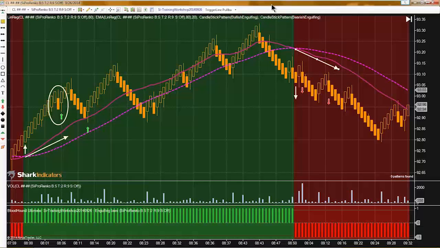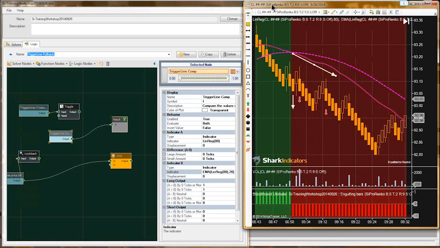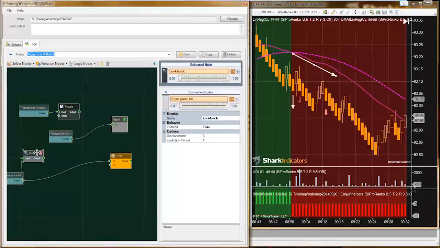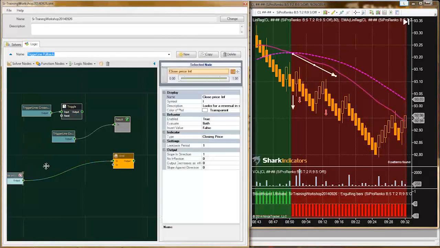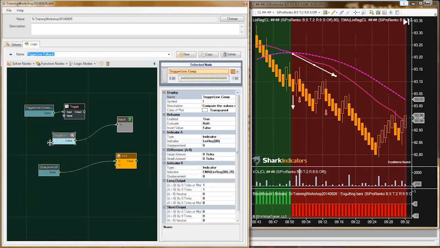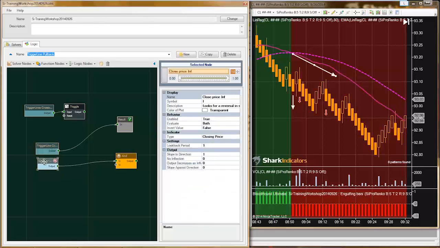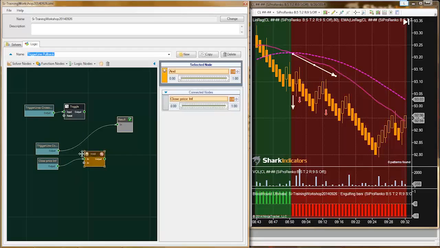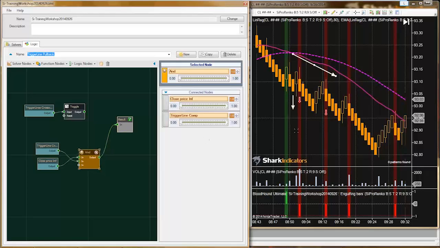To make this a little simpler, let's connect these two AND nodes together, like so.